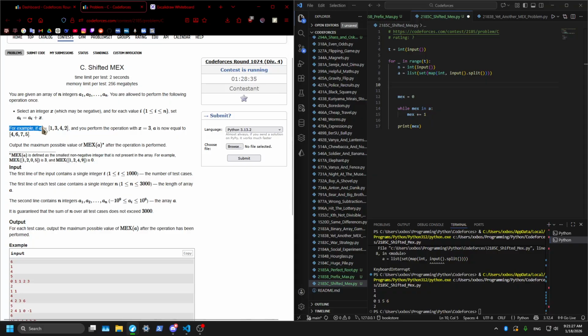For example, if A equals 1, 2, 3, and you perform the operation, it is now equal to... hmm.